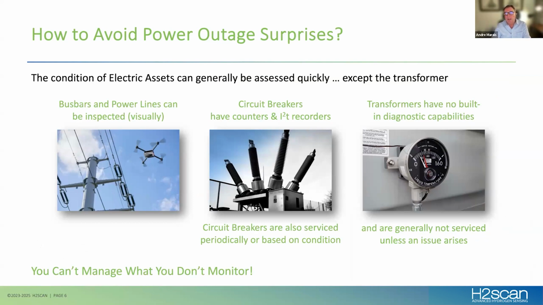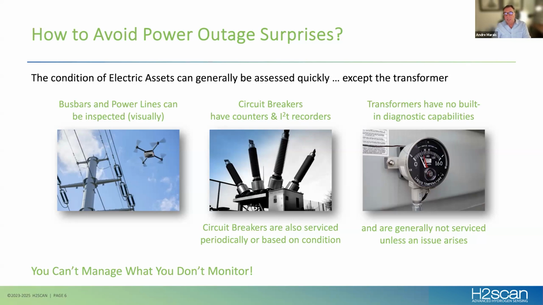Your circuit breakers may have I2T recorders, they may have trip counters, operation counters. They're also serviced periodically, so you can get in there and have a look at what the condition of the circuit breaker is. But transformers are unique. They have no built-in diagnostic capabilities whatsoever.